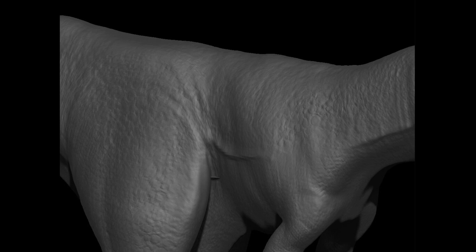Because even if my model was at the top, the highest subdivision level that my machine allowed me to have, I have not been able to sculpt very fine details on the skin of my dinosaur.